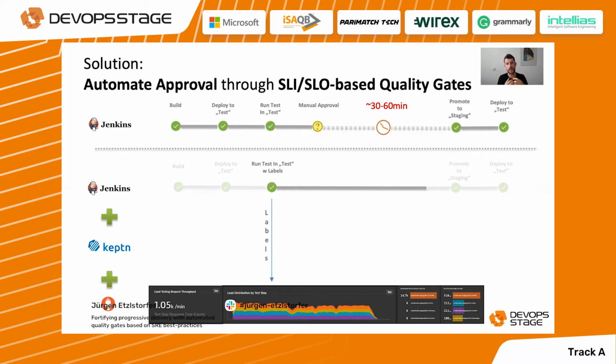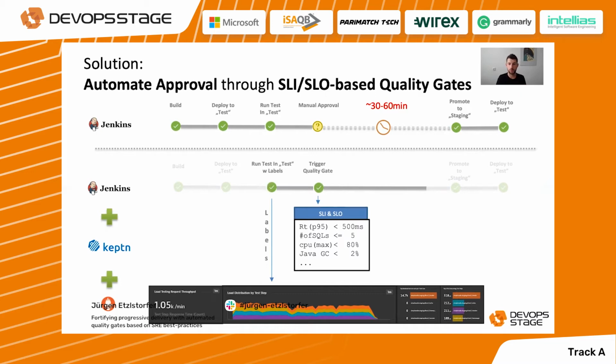We know that we're now starting the tests, so that in the next phase, when we trigger the quality gates with defined quality criteria, and we see here some cryptic quality criteria, which will make more sense later in this presentation. But when we see this quality criteria, like the response time for the 95th percentile, or the CPU saturation, or some Java garbage collector metrics, this can be used to pull all these metrics that are defined with the label. So we actually make sure to get the right data for the actual quality evaluation.